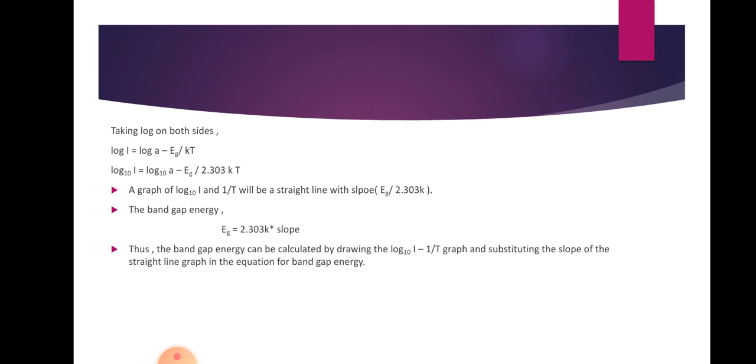Therefore, we can calculate the band gap energy of the semiconductor by first drawing the graph between log to the base 10 I and 1/T, and then finding the slope from that graph and substituting in the equation for band gap energy. This is the circuit diagram and the sample graph that we will obtain while doing the experiment.